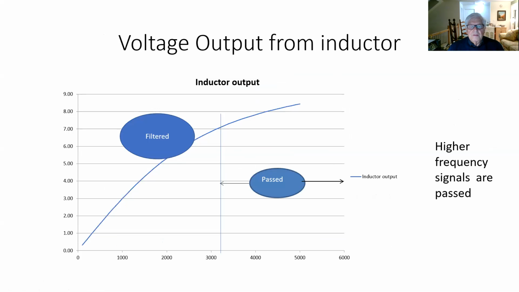And across the inductor, we get something totally opposite to what we got for the case of the capacitor. Okay, we're going to pass higher frequencies and filter the lower frequencies. So this is a high pass filter. We call it a high pass filter because we're passing frequencies that are above 3,200, let's say, and we filter out anything below 3,200.